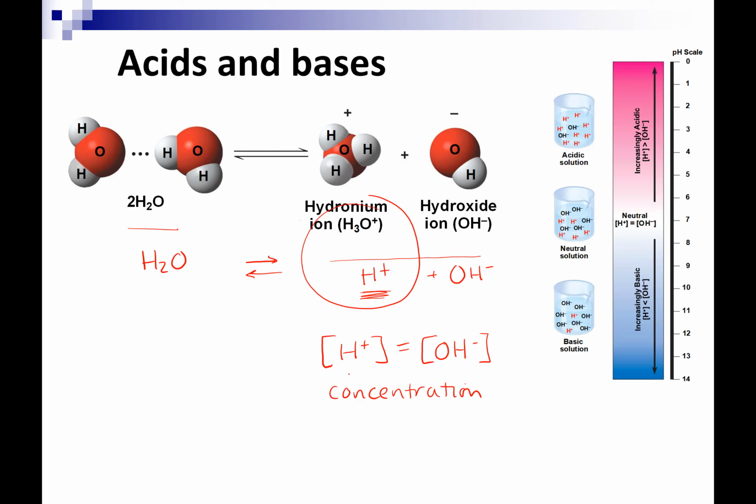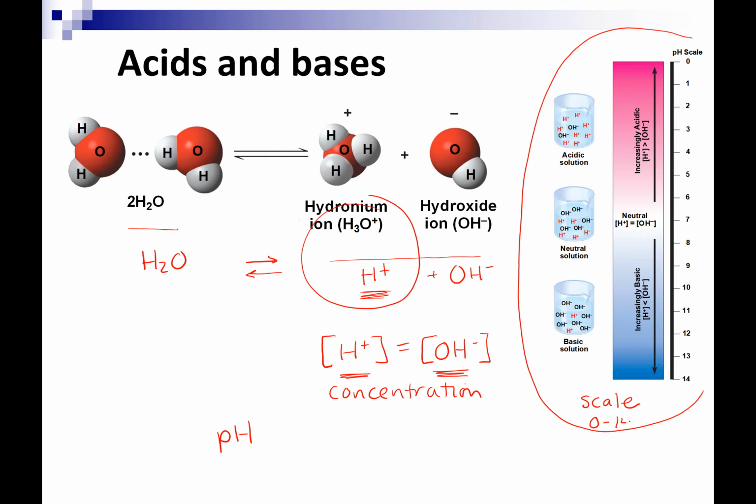And these two ions can contribute to something we call the pH level. Over here, you see a scale for pH that goes from 0 to 14, with 7 in the middle being neutral.